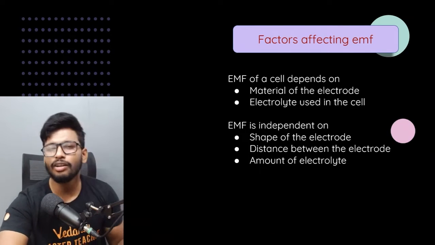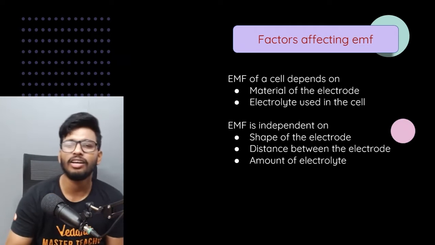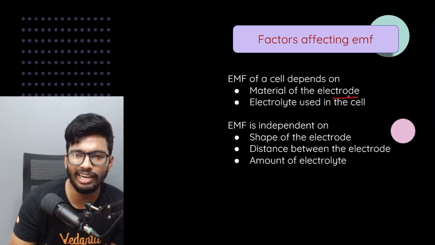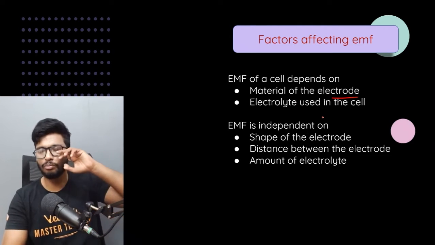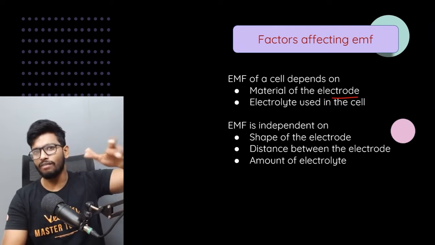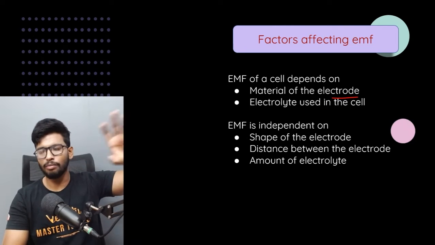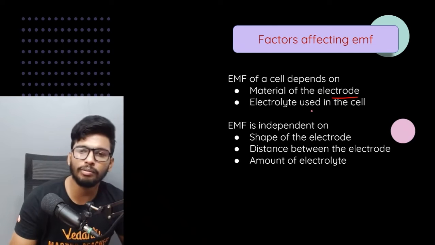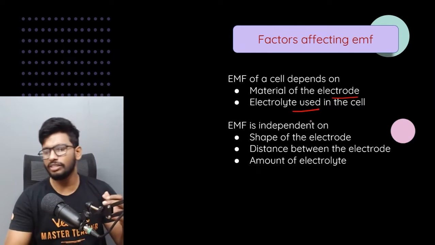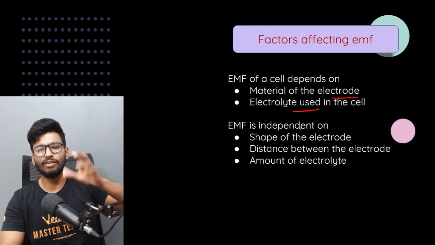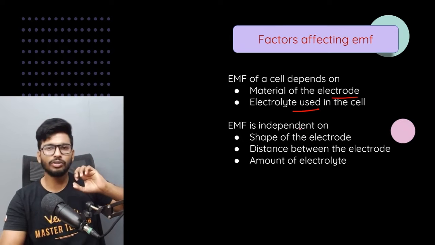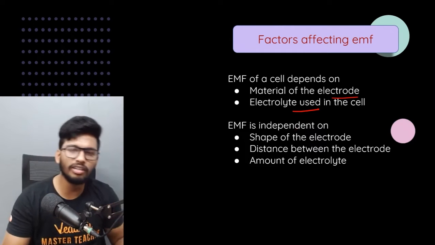All right, this is the definition of EMF. Now there are a few factors that it depends on. One is that it depends on the material of the electrodes, that is your anode and cathode, because even in a dry cell you have anodes and cathodes. That is what makes up your positive and negative terminals. It also depends on the electrolytic solution used. You have probably seen that in certain batteries we have lithium ion, and in some we use different chemicals.